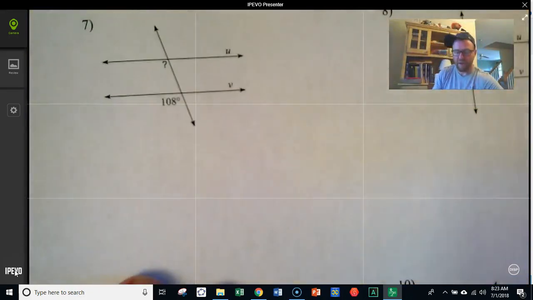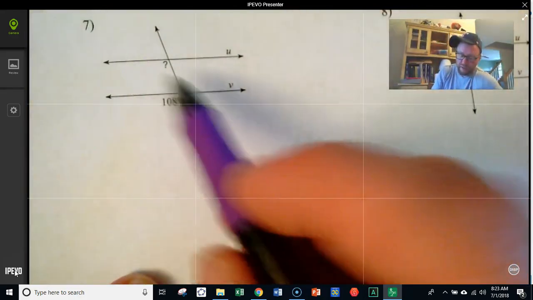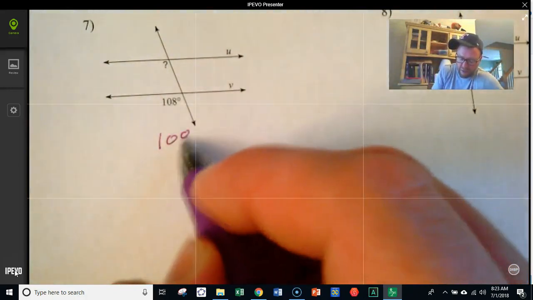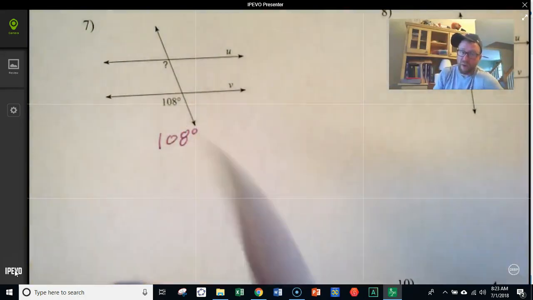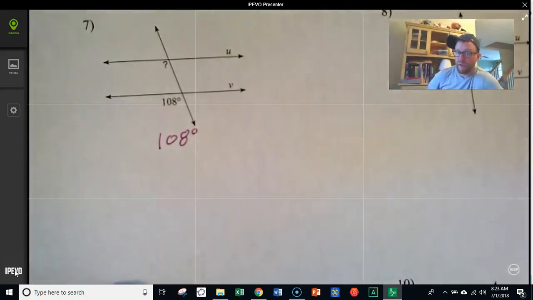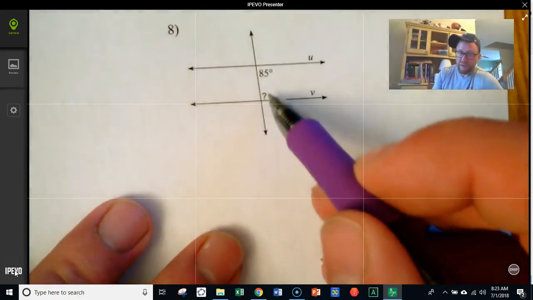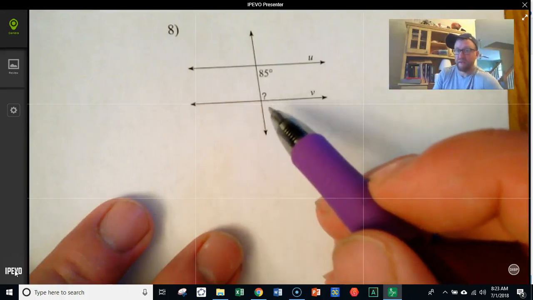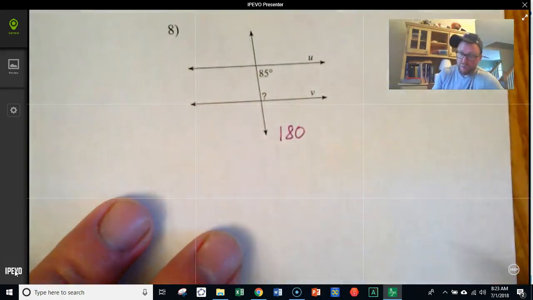Okay. Here we have same side of the transversal, one inside, one out, corresponding. Same position. If I make this angle 108 degrees, then corresponding angles will be congruent, same size, and therefore the lines will be parallel. Here, these are on the same side of the transversal. They're in between the parallel lines. That's same side interior, and we want them to be supplementary.